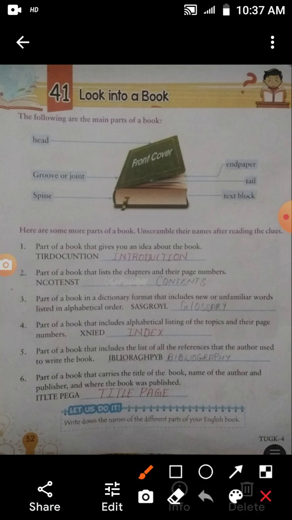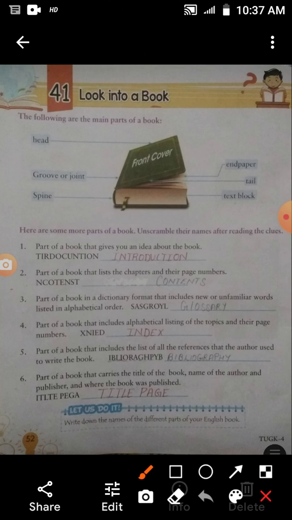So the first question is: part of the book that gives you an idea about the book. The word is in unscrambled form, so it will be introduction. Spelling is INTRODUCTION, introduction.